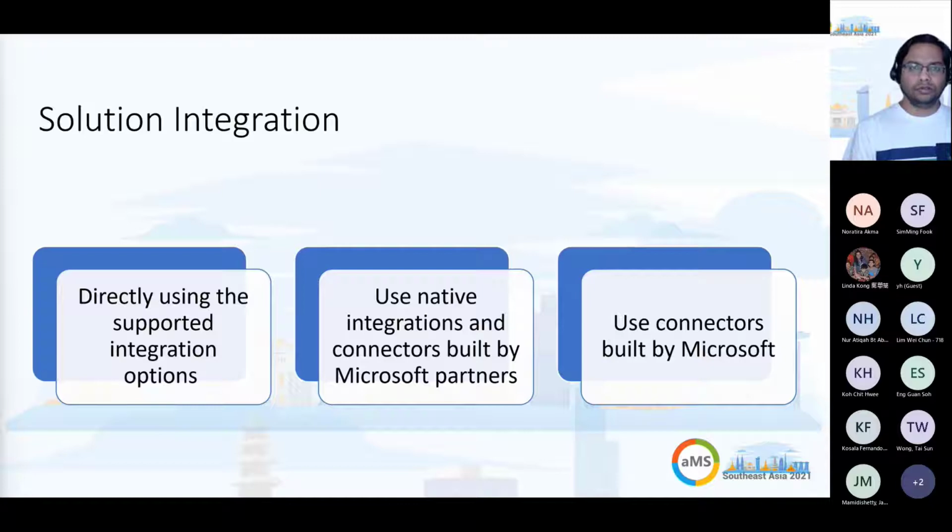You will see a lot of third parties are now building their own connectors either to consume information or provide information in Office 365 or Microsoft 365 using the Graph API. So you will see a two-way communication happening between Microsoft systems and third-party systems. Then there are some connectors which are built by Microsoft.